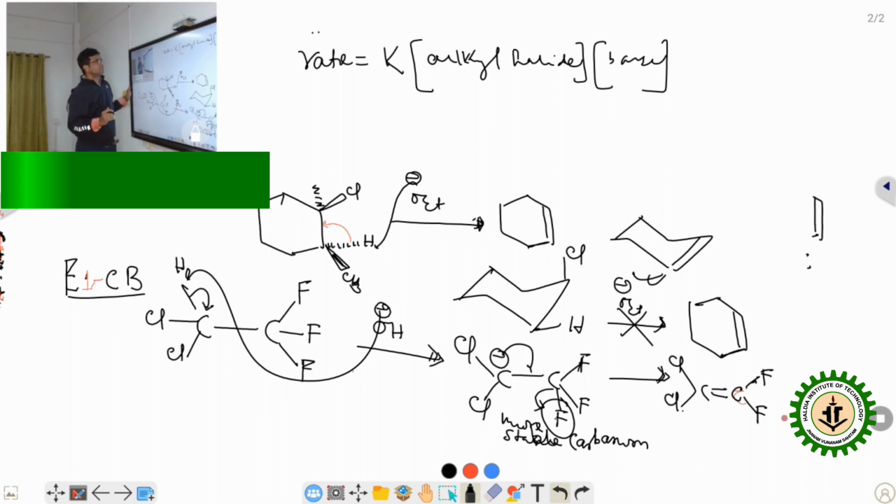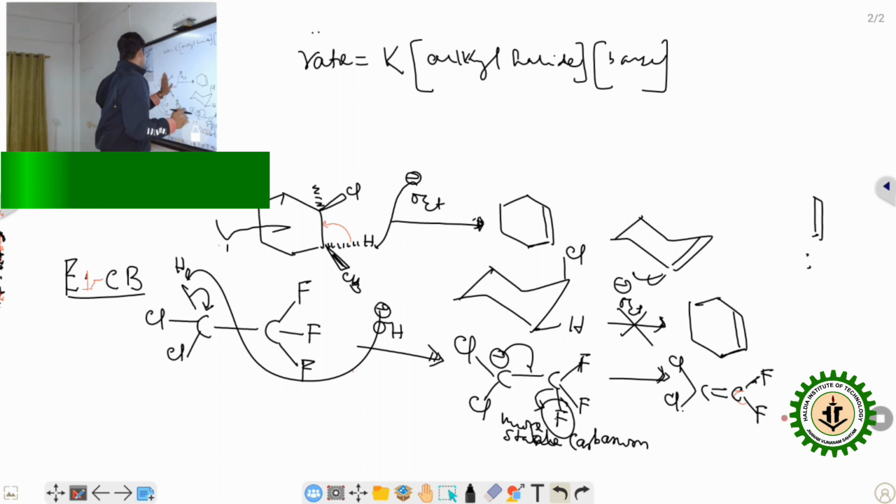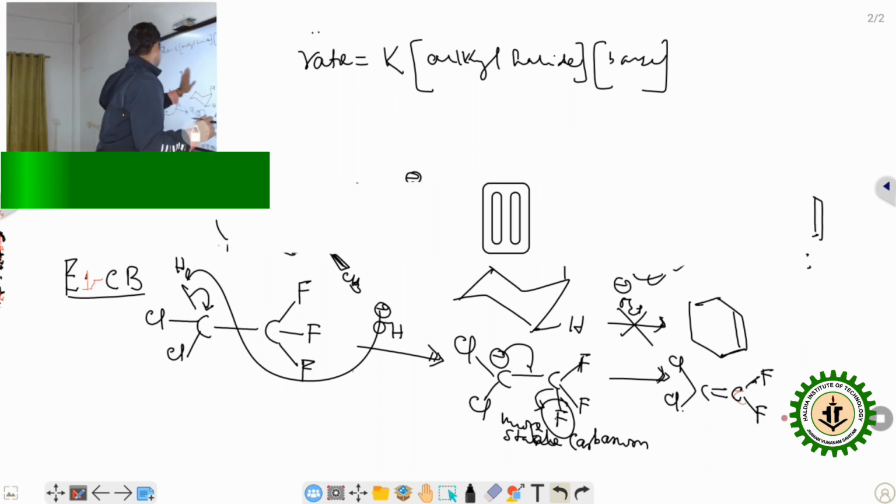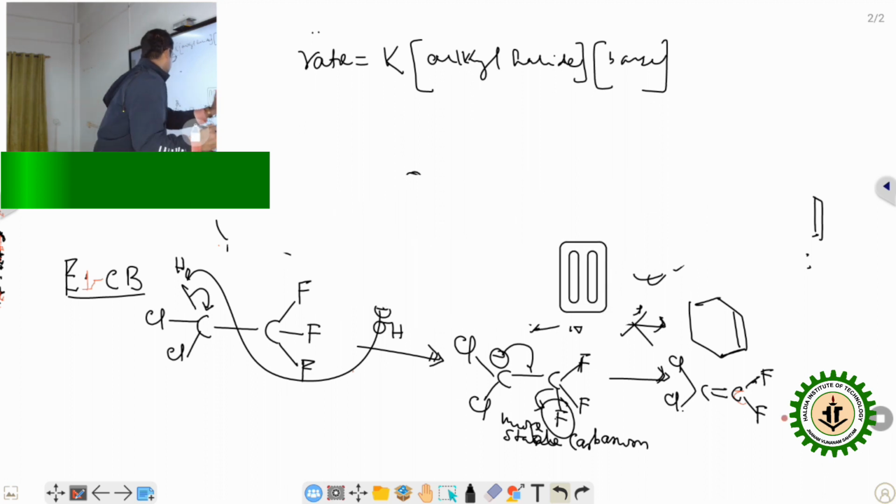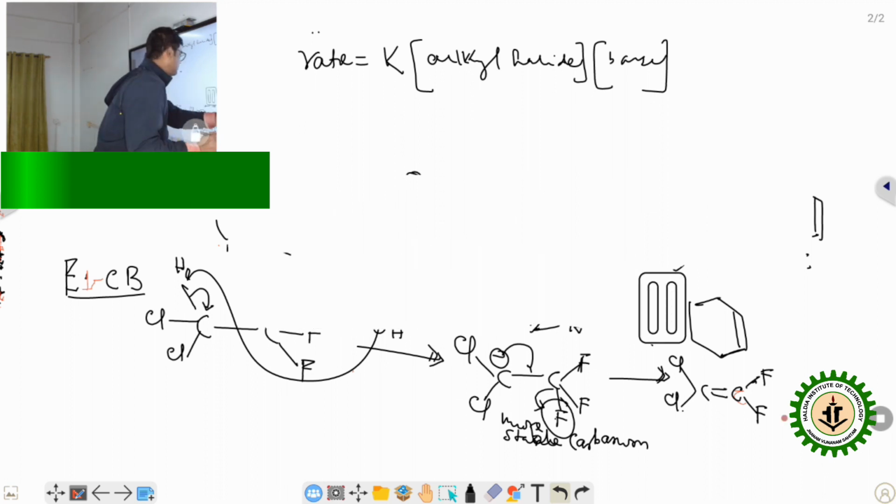Now I can show you one specific example, from an isotope labeling experiment.